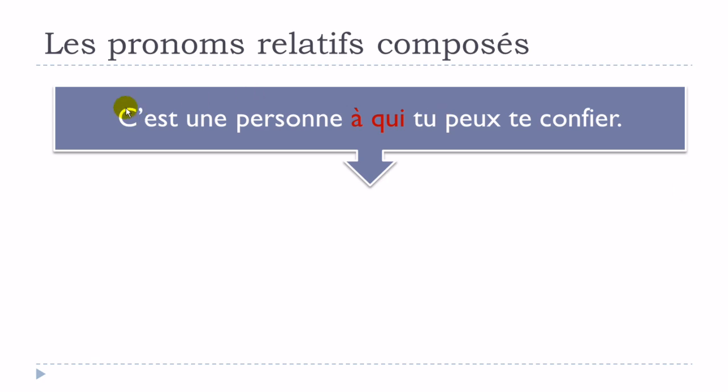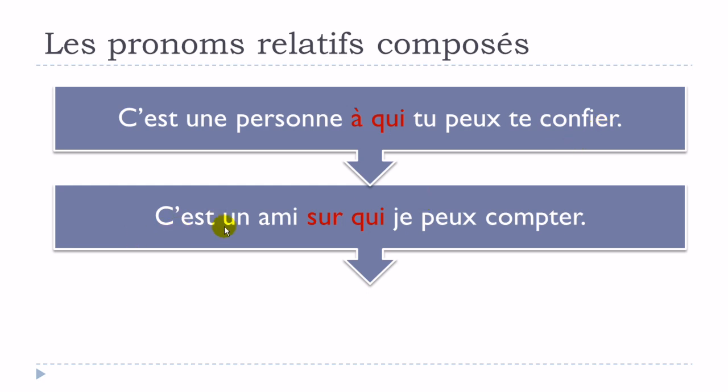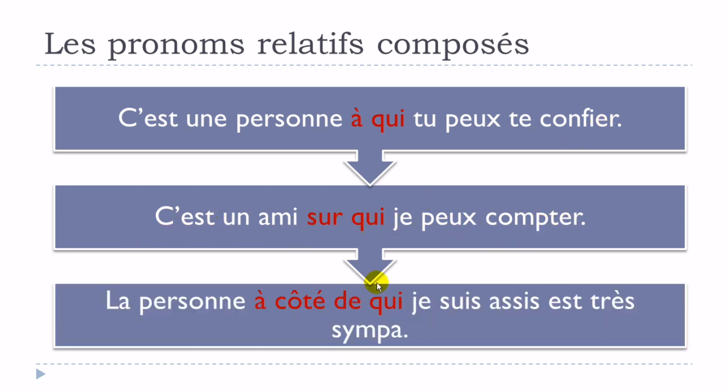For instance, c'est une personne à qui tu peux te confier. C'est un ami sur qui je peux compter. La personne à côté de qui je suis assis est très sympa. And that's actually quite simple and it's good news.